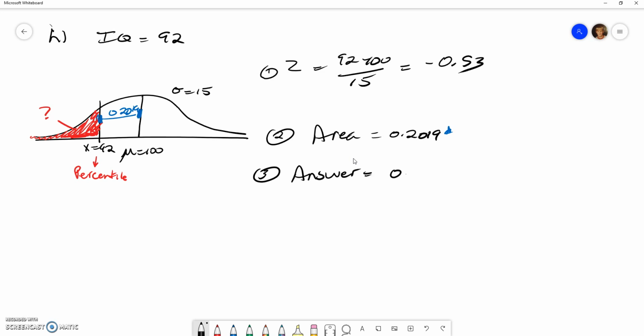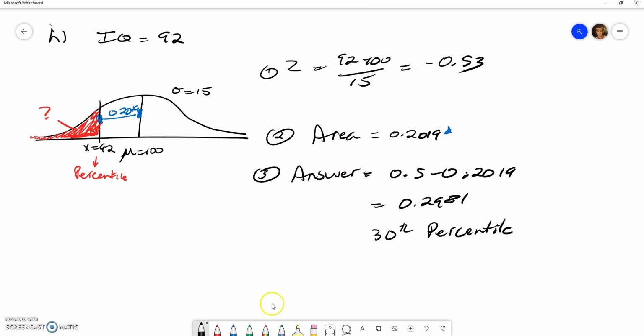We're looking at one of the extreme ends of the distribution, so we're going to subtract 0.2019 from 0.5, and we get 0.2981. So this person scoring an IQ of 92 would be in, we just round that up to the 30th percentile. Has an IQ greater than 30% of the population, and an IQ less than 70% of the population as well.